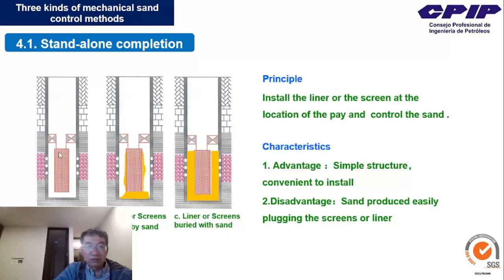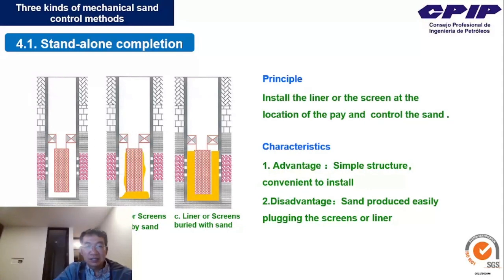It just has the liner like this, and it has some advantages: it's a simple structure and convenient to install. It's easier to install, and it's cheaper. And this job needs a very short time.